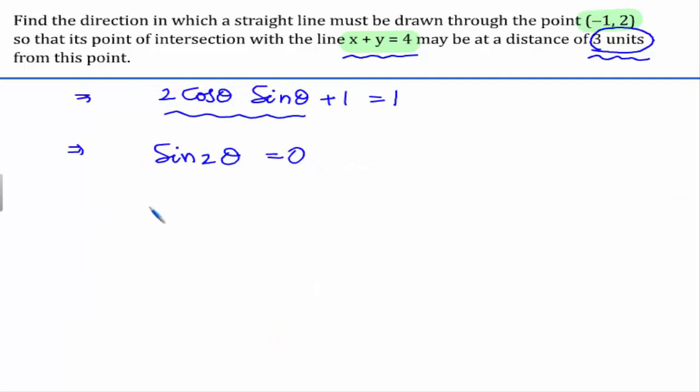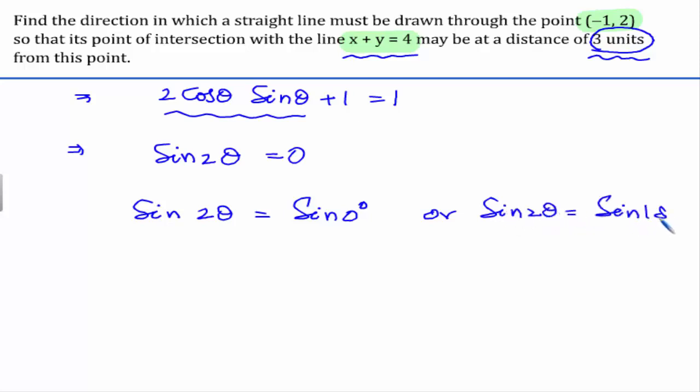So when sin 2 theta is 0, sin 2 theta is equal to sin 0 degrees, or sin 2 theta is equal to sin 180 degrees.